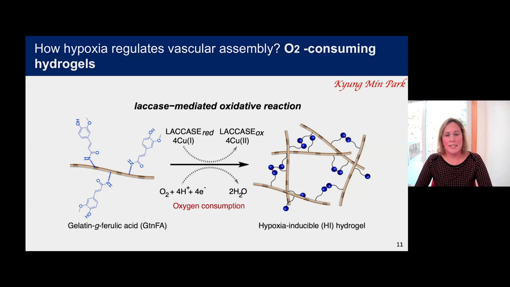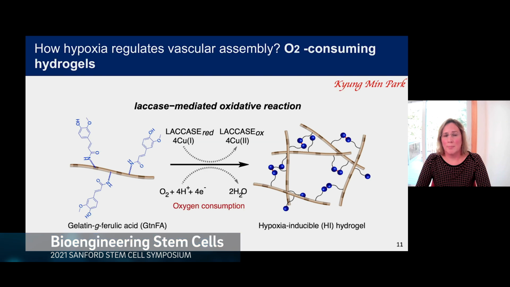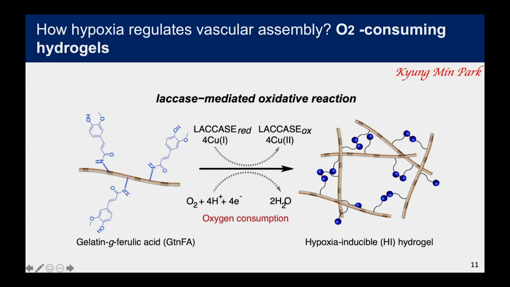And towards that, instead of taking collagen gels like what Bria did before, putting them in a hypoxic chamber, and then taking them out and analyzing them, Kyung Ming Park, who was a postdoc in the lab, developed this nice hydrogel system that basically has a backbone. It could be a gelatin or a polysaccharide such as dextran. And it's modified with ferulic acid that, in the presence of laccase, creates a reaction that consumes oxygen.